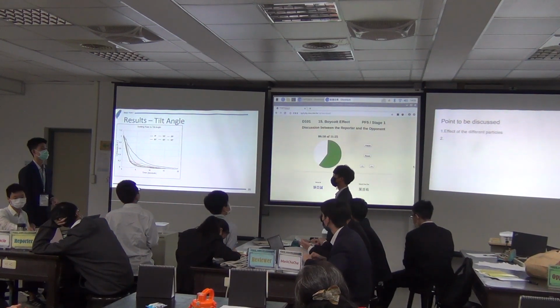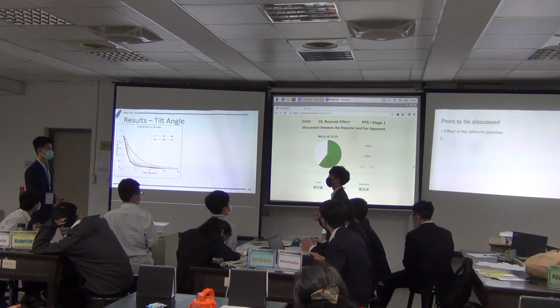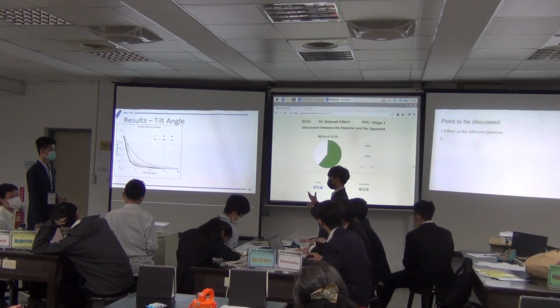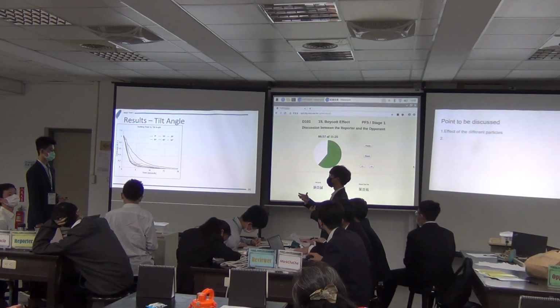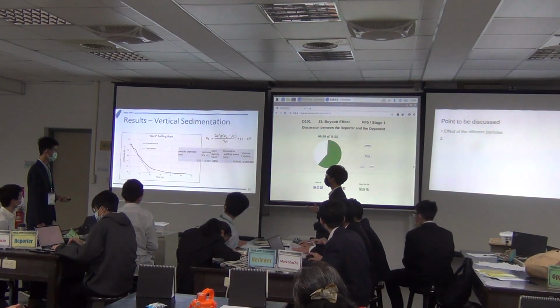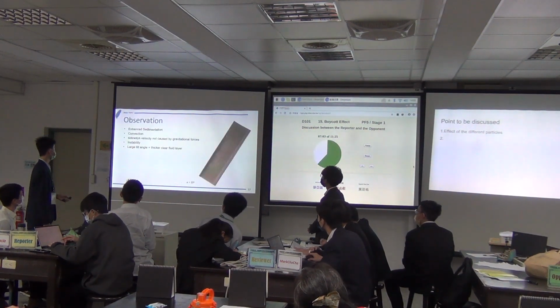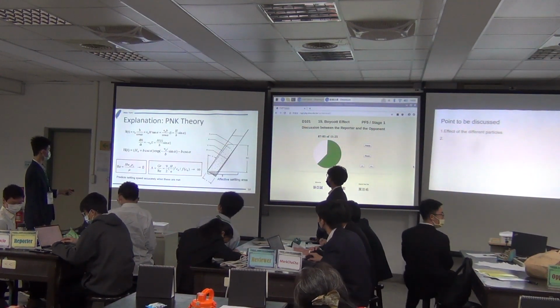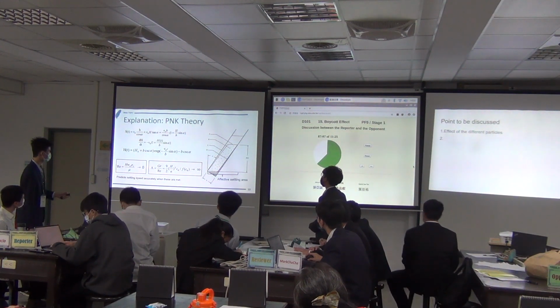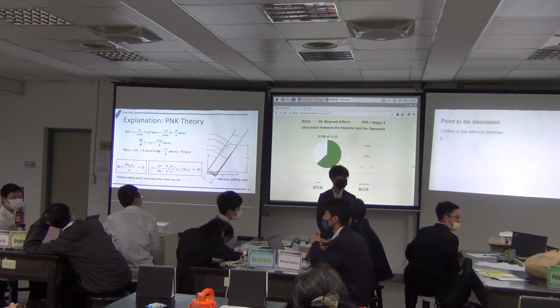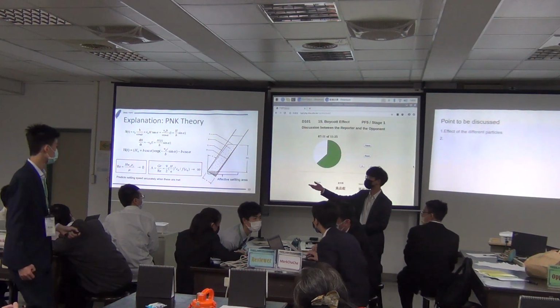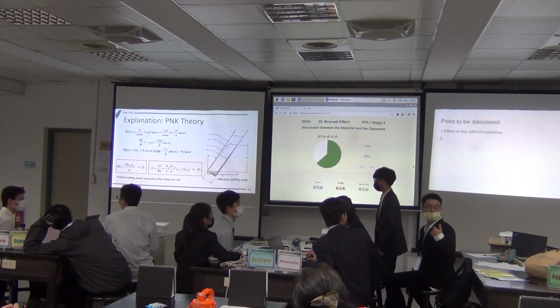Do you think that the different shape of the container of the liquid will affect the results? Yes, that's actually a good question. So you see here in PNK, and may I draw on that sheet? Maybe you want to use the whiteboard? Okay. The blackboard is quite crowded.